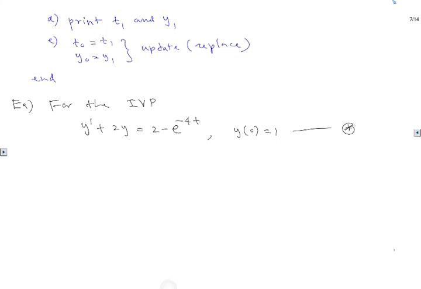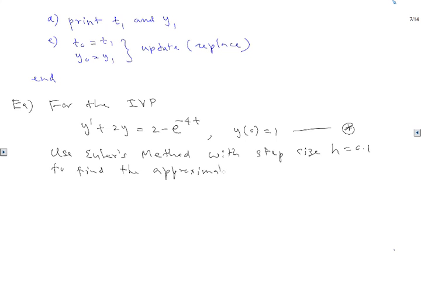Let's use Euler's method with step size h equal 0.1 to find the approximate values of the solution at t equal 0.1, 0.2, 0.3, 0.4 and 0.5.